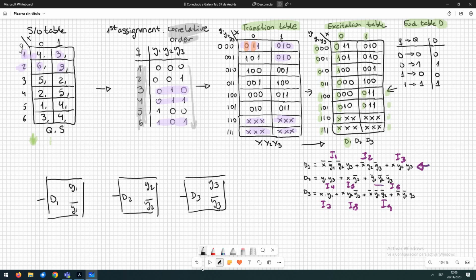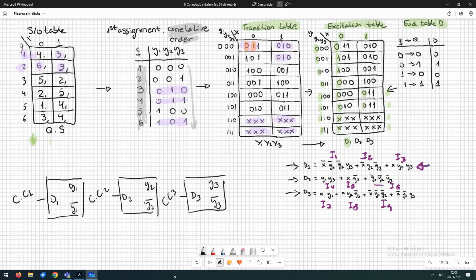Before D1 we have to implement this expression with OR and AND gates. Before D2 we have to implement this circuit, and before D3 this combinational circuit. So here we have combinational circuit 1, combinational circuit 2, and combinational circuit 3.